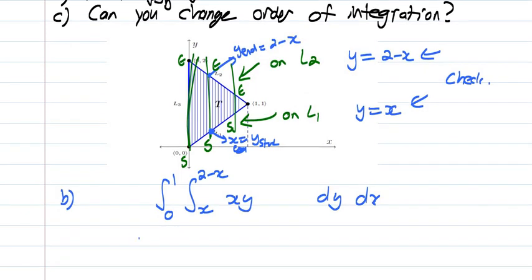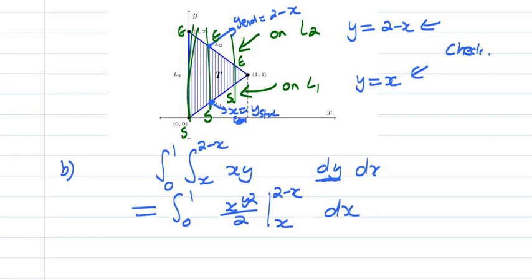And now let's quickly do the calculation. So please pause and maybe do it and check that you agree with my answer. So first I integrate with respect to y, from the inside to the outside. So this becomes xy squared over 2, plugging in 2 minus x, plugging in x, dx. So we want to see that you know the integral of xy is xy squared over 2, integrating with respect to y, keeping x as a constant.